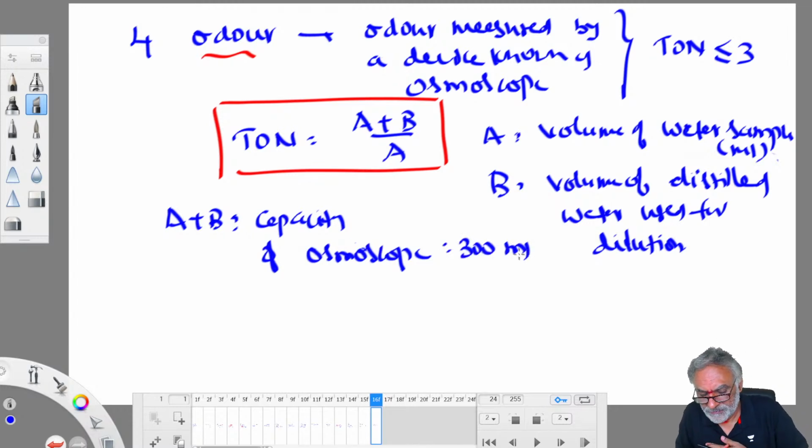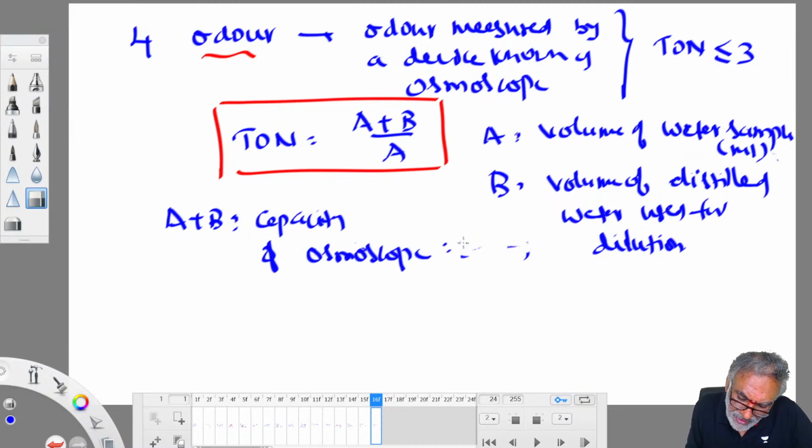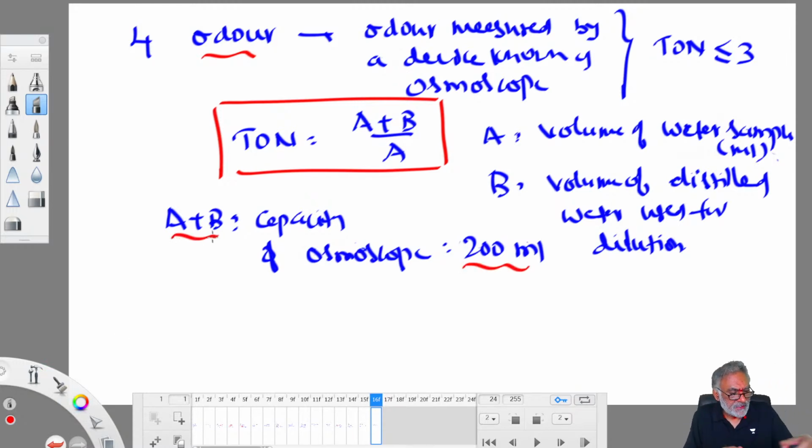It can accommodate, sorry, 200 ml. BOD bottle 300 ml, osmoscope only 200 ml. I am purposefully writing wrong information so that you can correct me, because already you have studied this. Okay? This much idea is more than sufficient.